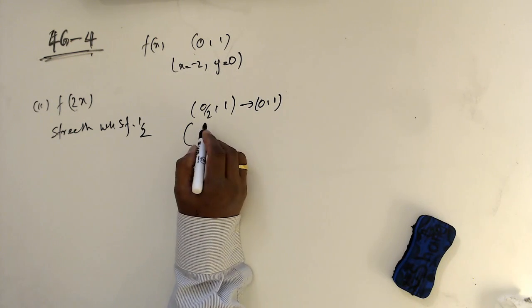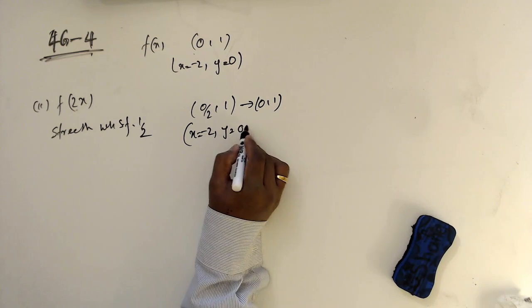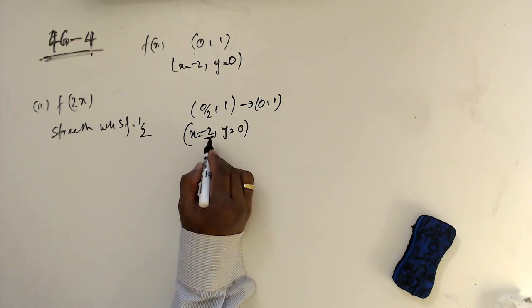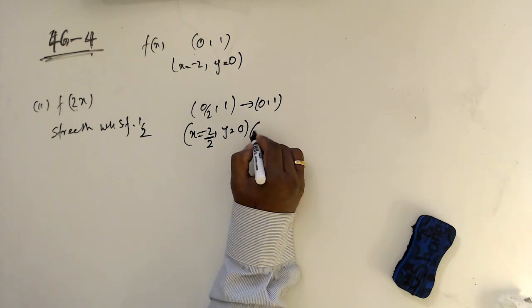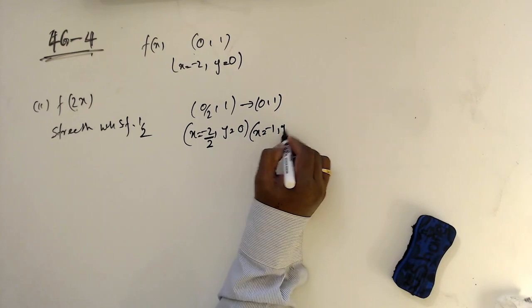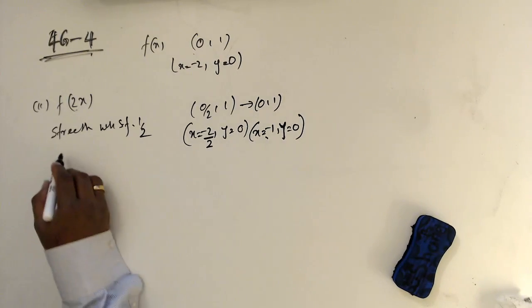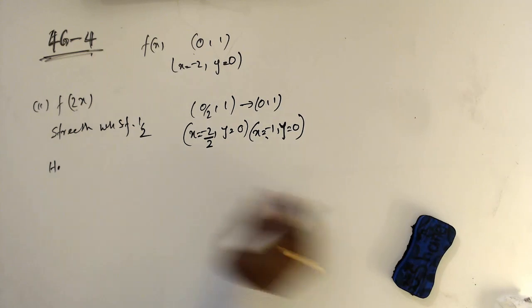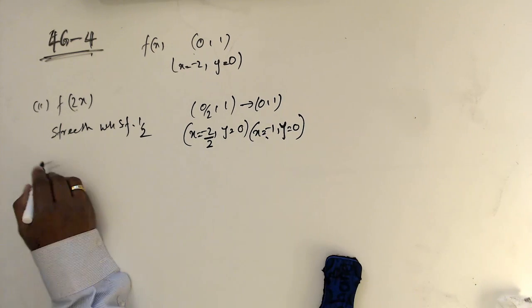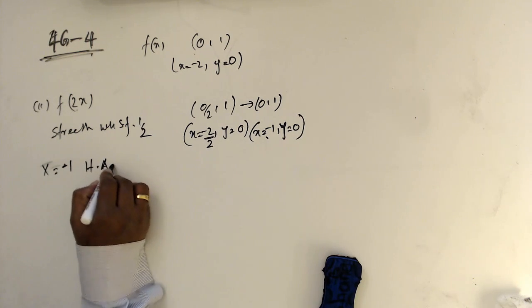How about the asymptote? X equals minus 2, y equals 0 as it is. So you have to divide that value by 2. So then it's going to be x equals minus 1 and y equals 0. Now the new asymptote is x equals minus 1. X equals minus 1 is the vertical asymptote.